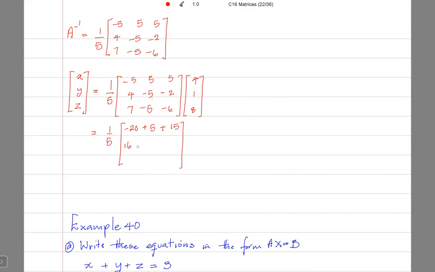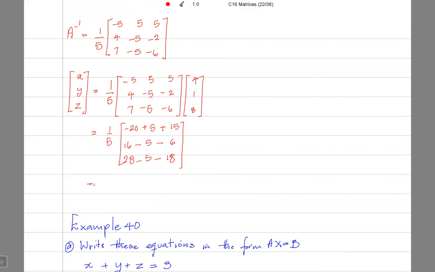Minus 5 times 1 is minus 5. Minus 2 times 3 is minus 6. Bottom row, 4 times 7 is 28. Minus 5 times 1 is minus 5. 3 times 6 is 18.